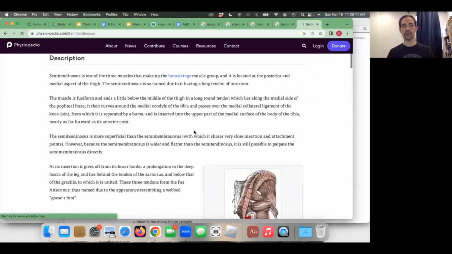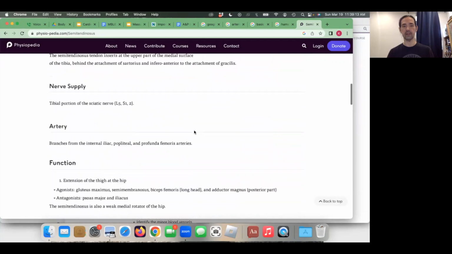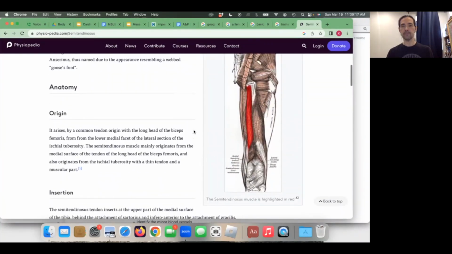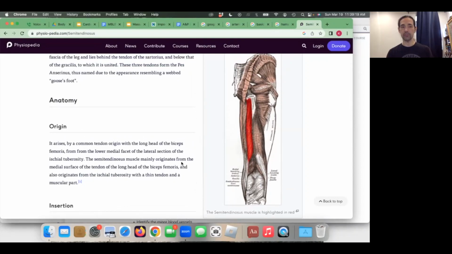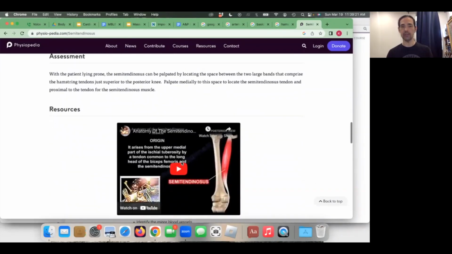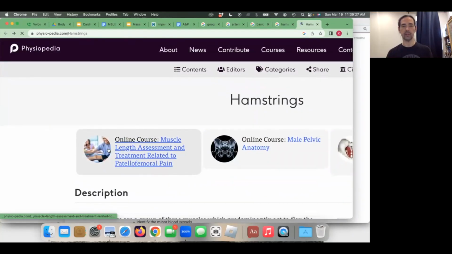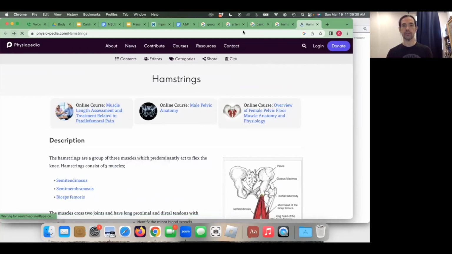What they give you on this page is Gray's Anatomy, which is good, but not great. Okay, so let's move on. I don't want to get into too many specifics about those muscles. So those are the hamstring muscles.